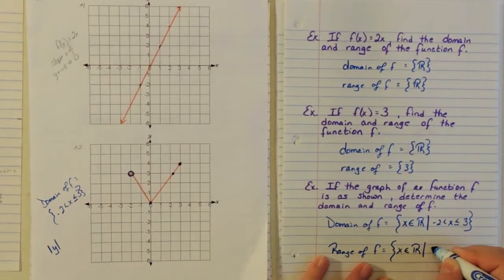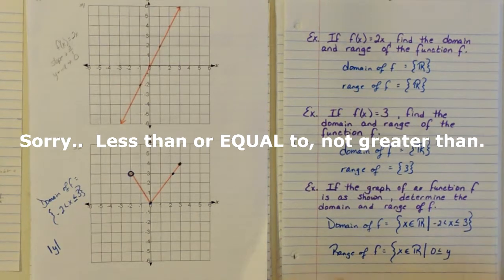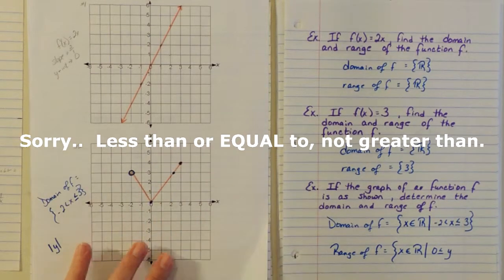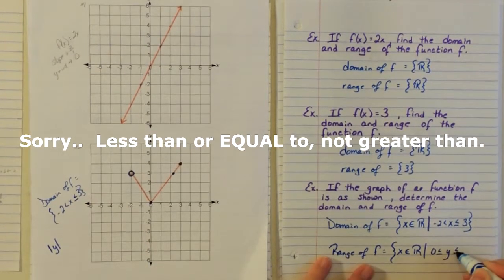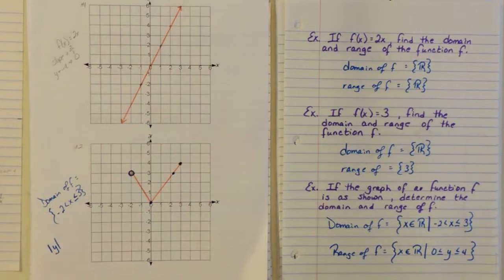So 0 is less than or equal to y, because these are the y values, which is less than or equal to 4. Okay, so that would be your answer.